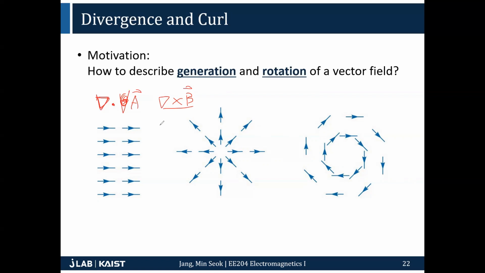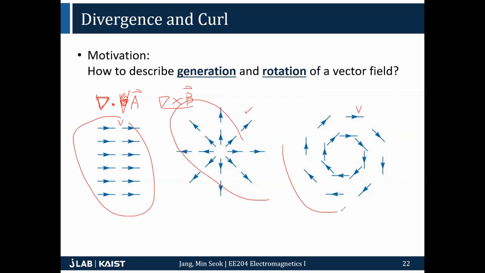The motivation for that can be simply drawn like this. You can definitely see that there is something special in these vector fields. Let's say these are your vector fields. This first one is normal, nothing special, it just flows from left to right.